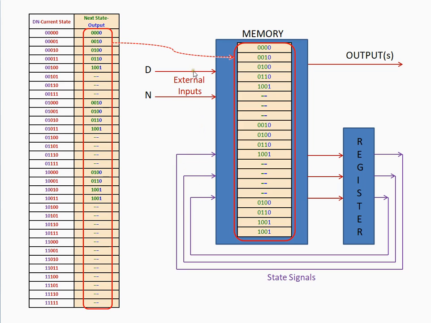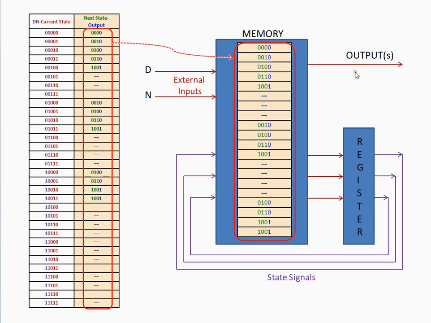Whatever these signals are, they specify a memory location, such as, say, this, and then the memory outputs the contents of that memory location. These outputs indicate that part of the code stored in every location is going to be fed to the register as the next state to which the register needs to latch, and whatever the output needs to be is fed to the output line.